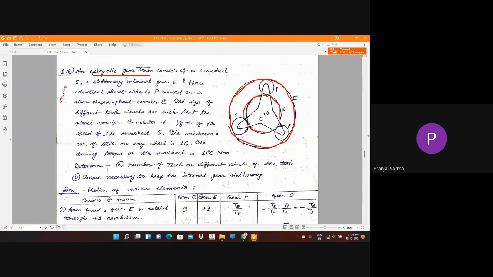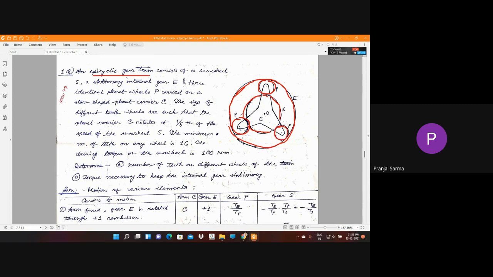Then there are three identical planet wheels P, which are carried on a star-shaped planet carrier C. These three identical planet gears are in mesh with the sun gear as well as the ring gear or annular wheel.